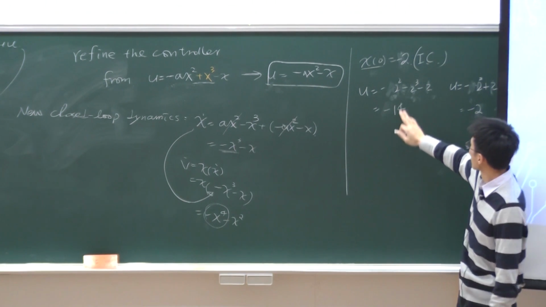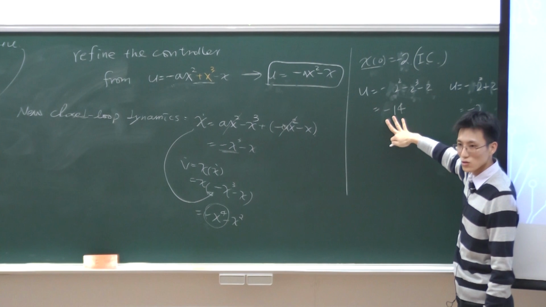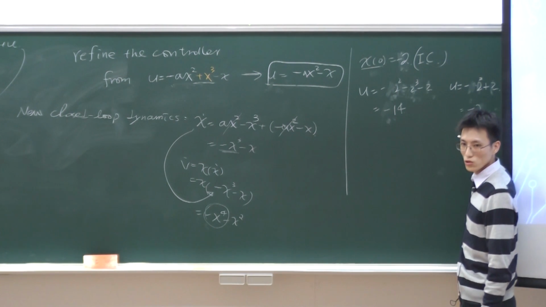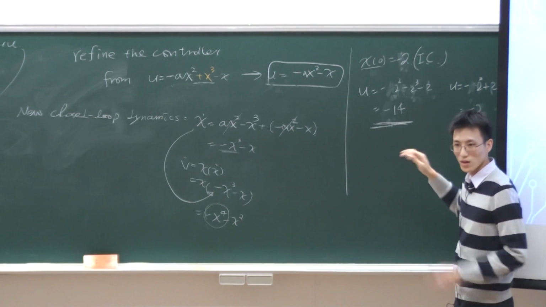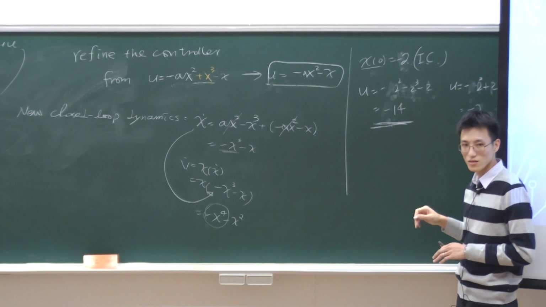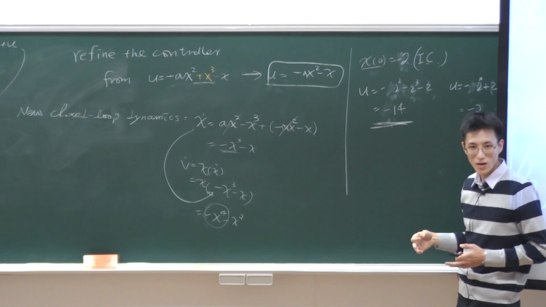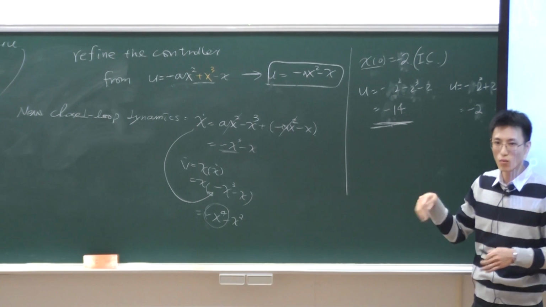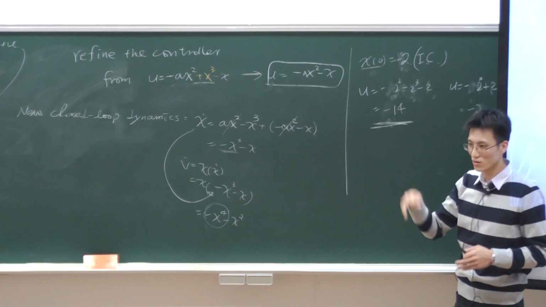See, given the same state, this is the control output. This is the control output. Which one is larger? In terms of magnitude, this one is much larger, right? Okay, so it requires more power, right? If the control system is a robot arm, the control means the voltage to the motor.